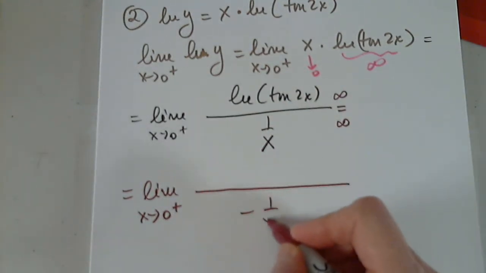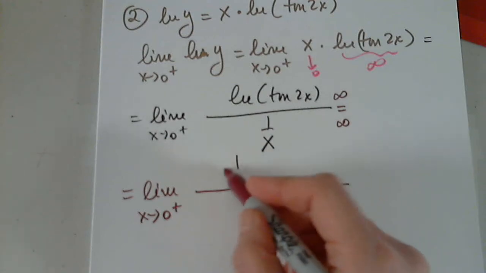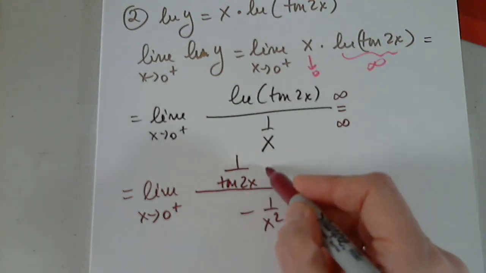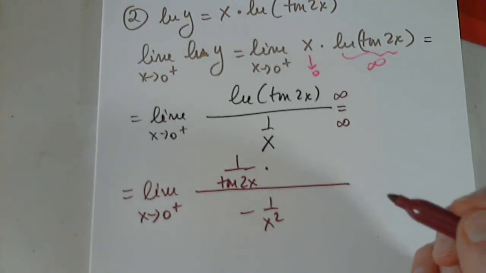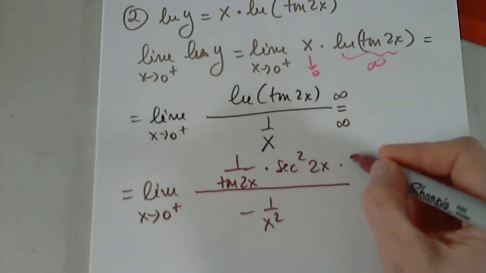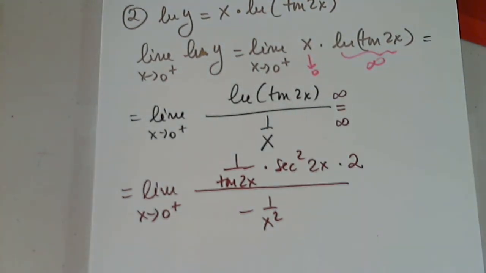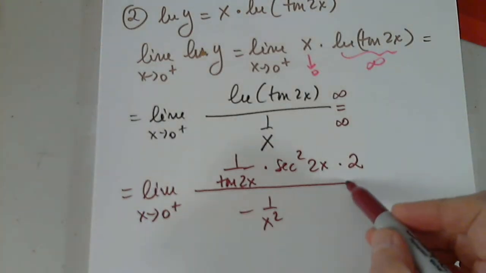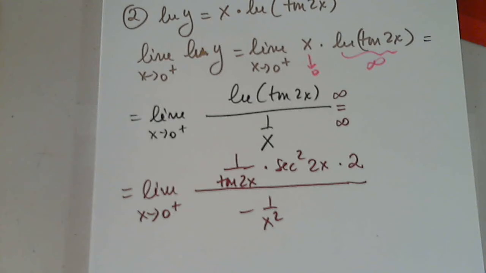So this is negative 1 over x squared. The top is 1 over tangent to x multiplied by tangent prime, secant squared x times the inner function prime. A mess. It really is. But we'll get through it.